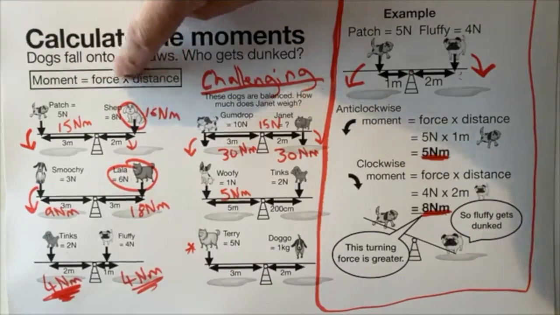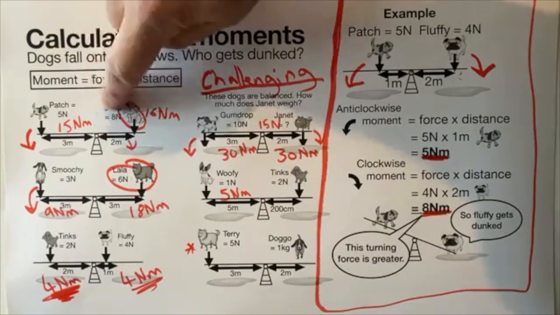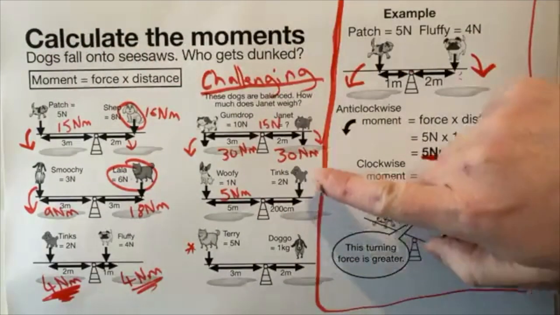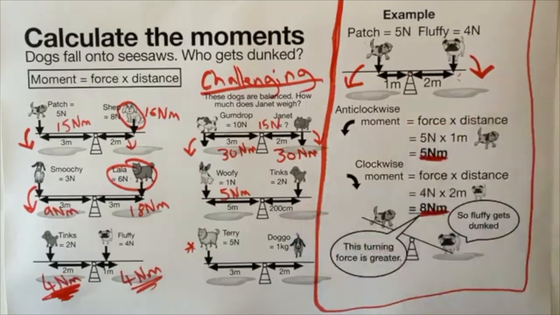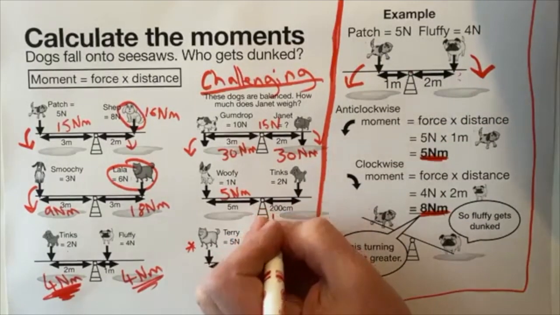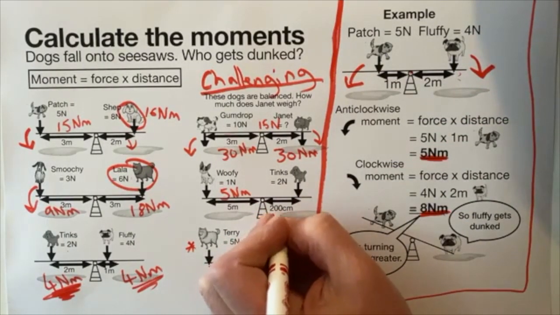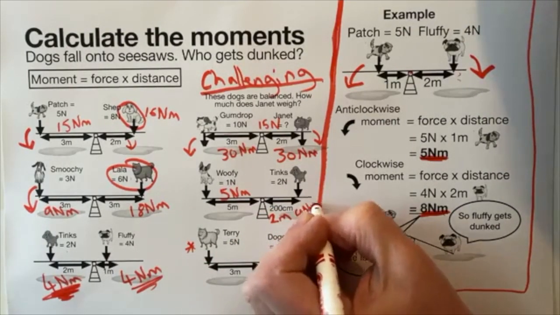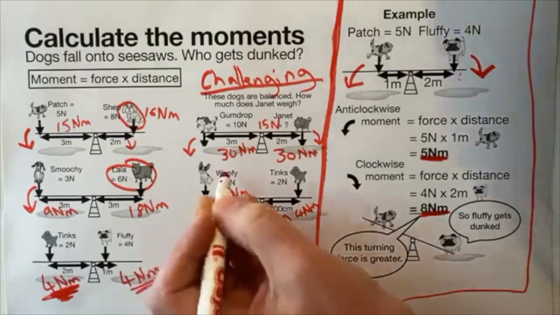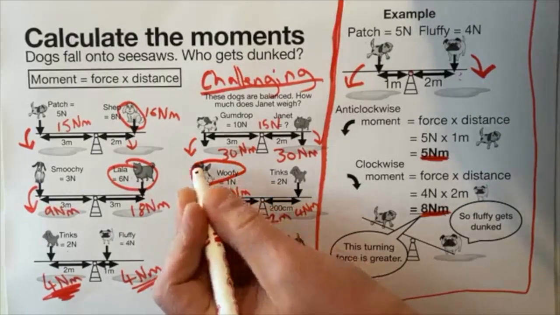And no, before you ask, you can't just say that the moment is in newton centimeters. So you've got to convert this. How many meters is 200 centimeters? Well, 100 centimeters is 1 meter, so 200 centimeters is 2 meters. So then you do 2 times 2, which is 4 newton meters. And Woofy, mate, you were getting slimed.